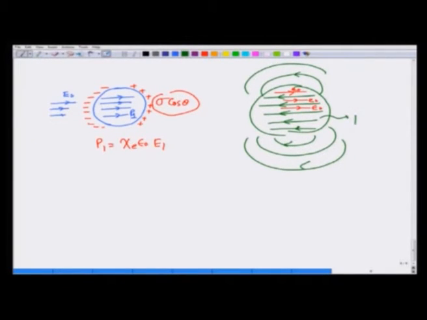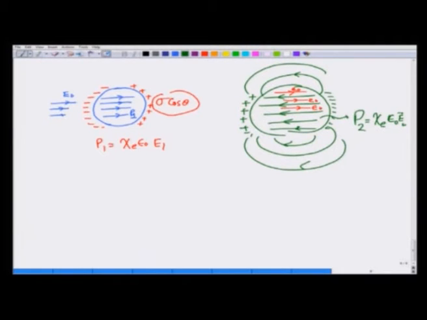This E 1 again will give rise to a P 2, which is chi e epsilon 0 some E 2, which in turn will give me positive charges on the left hand side of the sphere and negative charge on the right hand side, and so on. It will keep on happening.